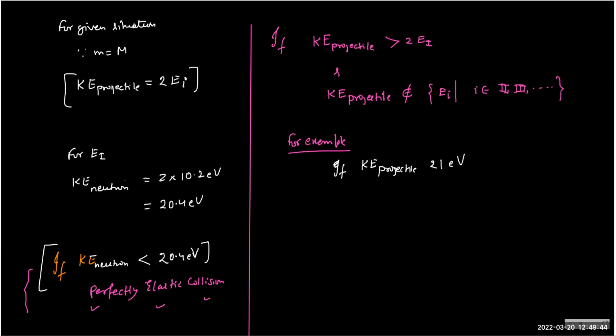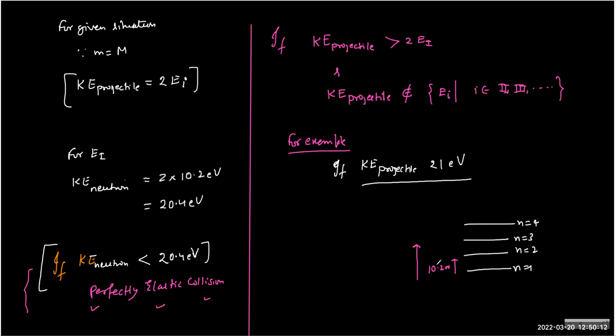Isn't it? Yes. So again, what I told you in the very beginning, you must remember some values, else you cannot do the manipulation in atomic physics. That's a problem. We know the first excitation energy is 10.2. What about the second one? If you remember, 1 to 3 is how much?